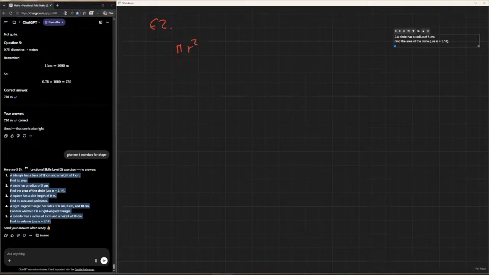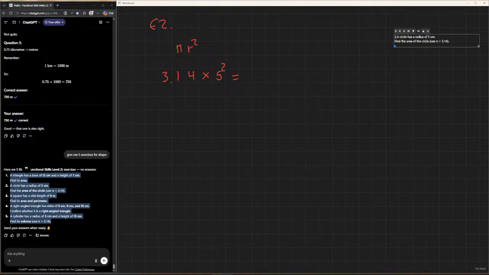So 3.14 times radius squared. So this is what we need to solve.